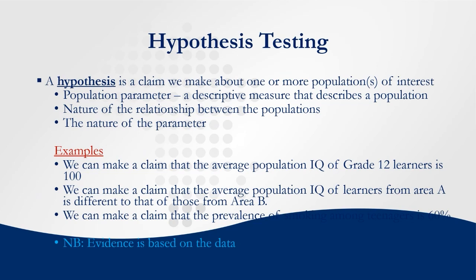The claim that we make is around the population parameter. For example, I use depression to say the claim would be the prevalence. The population parameter would be a descriptive measure that describes the population. So the prevalence would be describing the population in the form of depression, mental health.